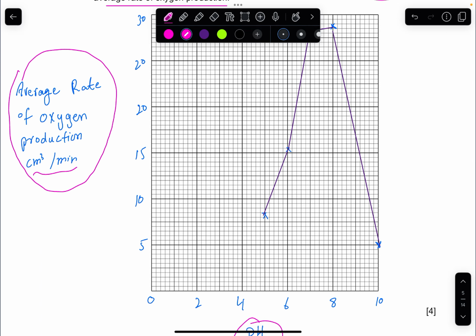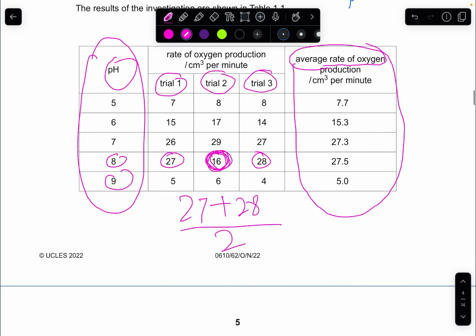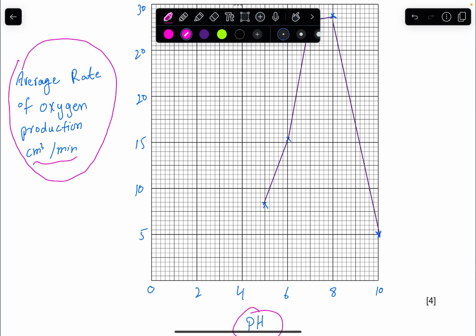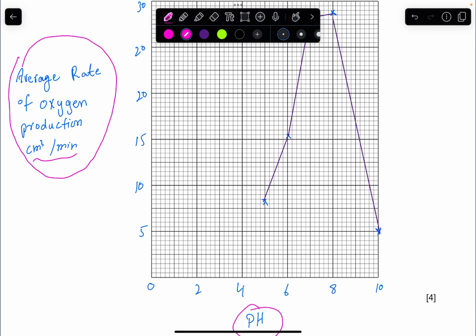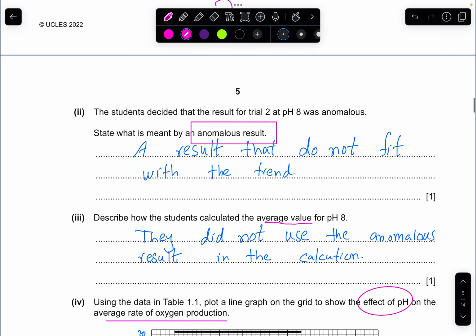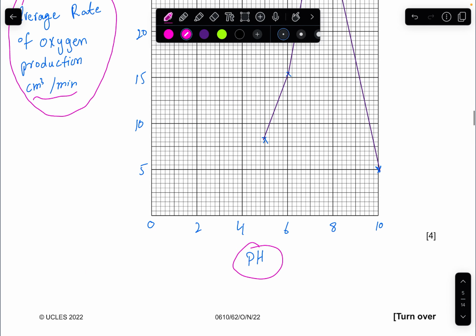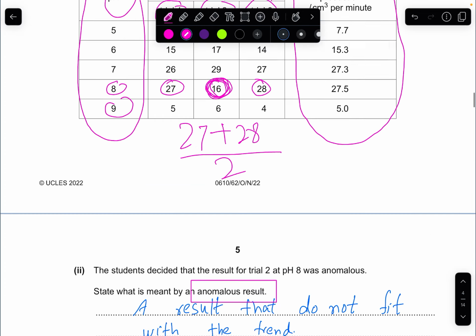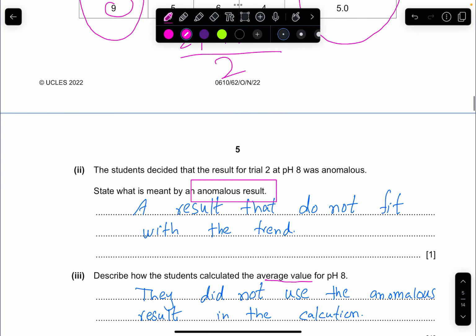So when the pH is 5, the average rate of production is 7.7, and at pH 6 it is 15.3, and the next one at 7, it is 27.3, and at pH 8 it is 27.5, and at pH 9 it becomes 5.